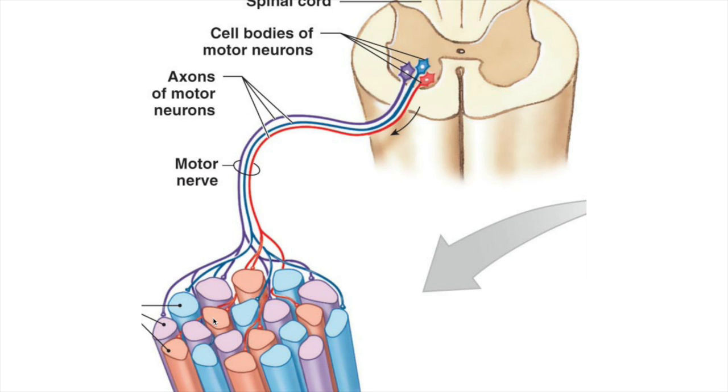And during a sustained muscle contraction, these motor units will rotate being active. So first the red one will be active, and then as it starts to relax, the purple one will contract, and then the blue one will contract, and they will rotate. So that allows the muscle to rest, and that way it can contract for a long period of time.